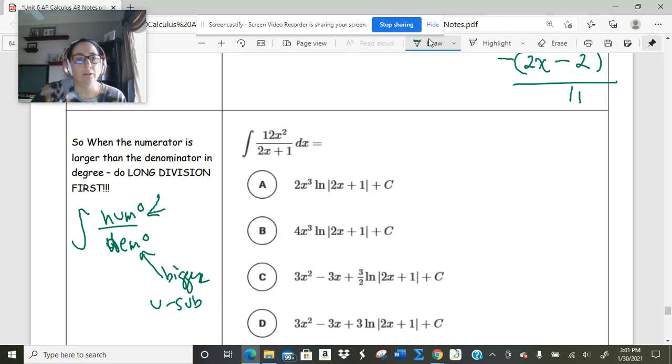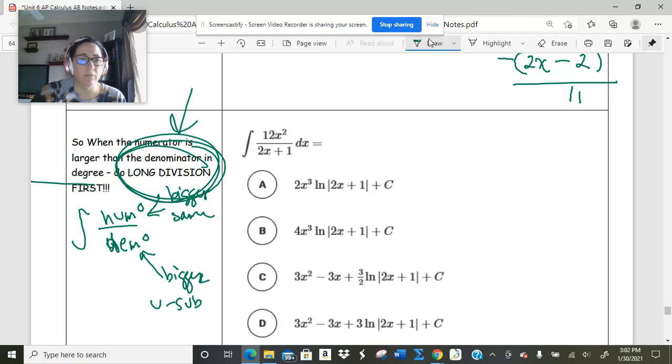But if the numerator is bigger or the same degree, we have to do long division. So here I can see that this numerator is a bigger degree, in this case it's bigger, than the denominator. So I have to do a long division first.